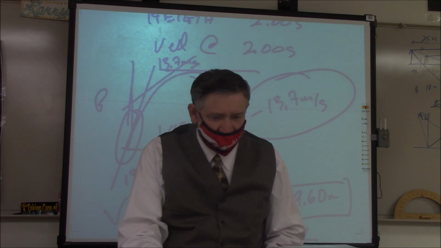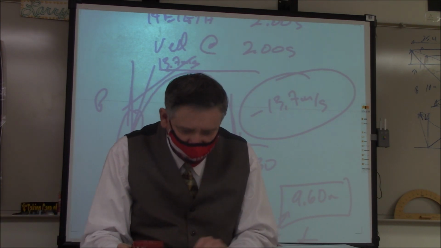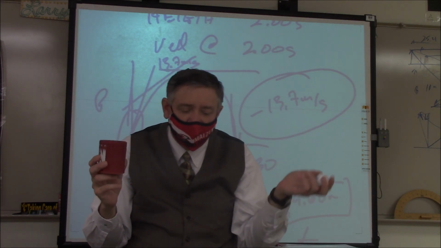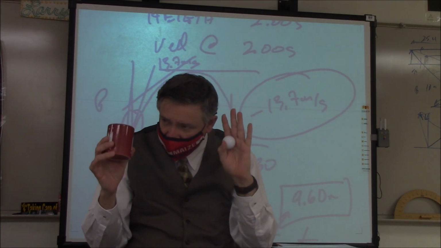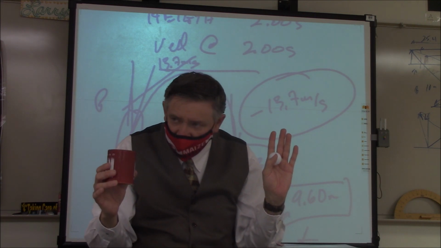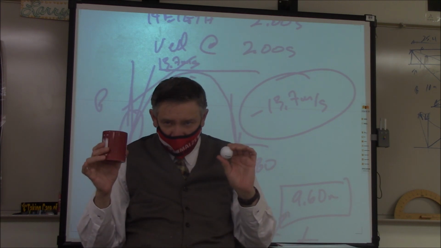Now, when you get to question number 8, let me paint what's happening on number 8. You have 2 spaceships, Enterprise and Columbia. They're at the same point at time 0, and the Enterprise is going 450 meters per second, Columbia is going 600 meters per second. So here's what's going to happen.